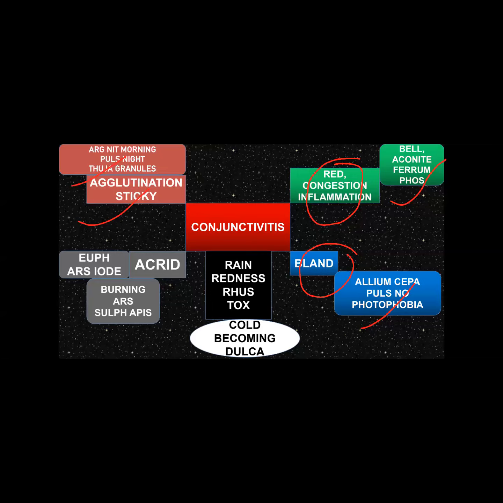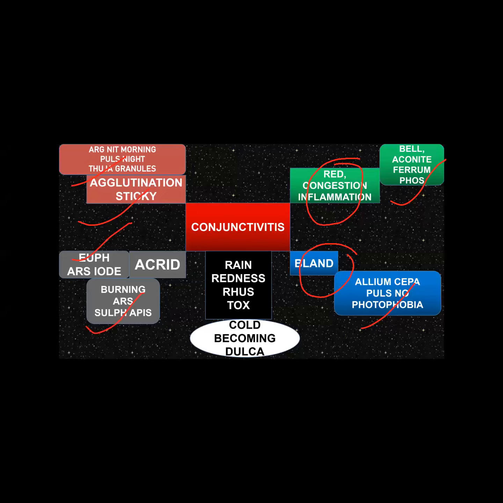In further slides, we will see each medicine, its modalities and specifications, and how to use it. Now, if the discharge is acrid, excoriating in nature, then we can use euphrasia along with sometimes arsenic iodum. And if there is excessive burning, then obviously arsenic, sulphur, and apis.